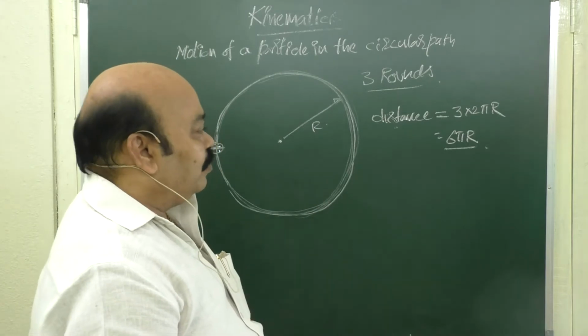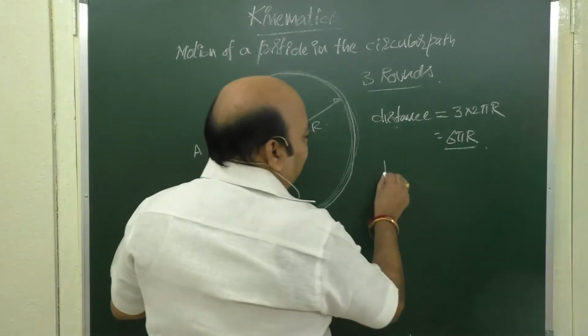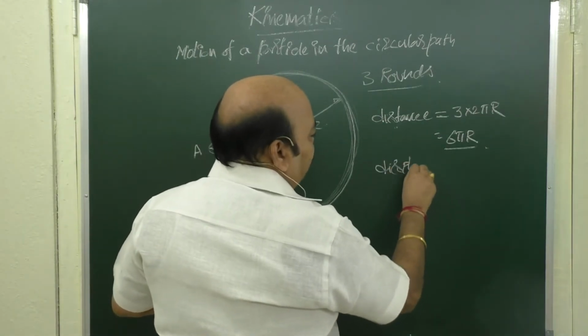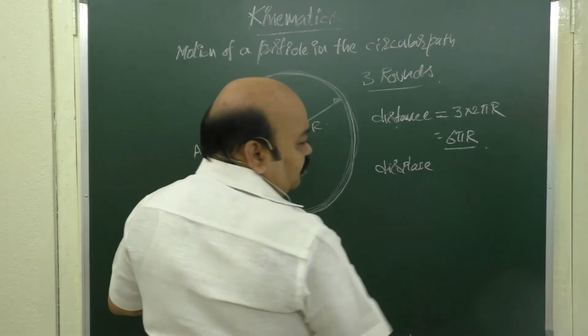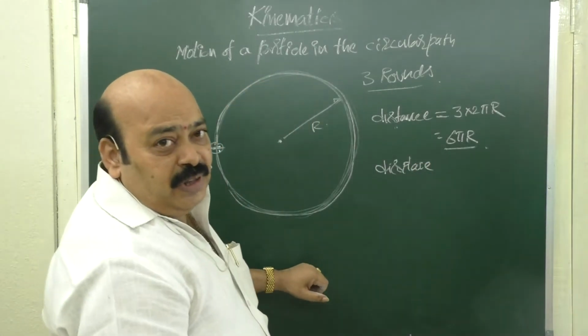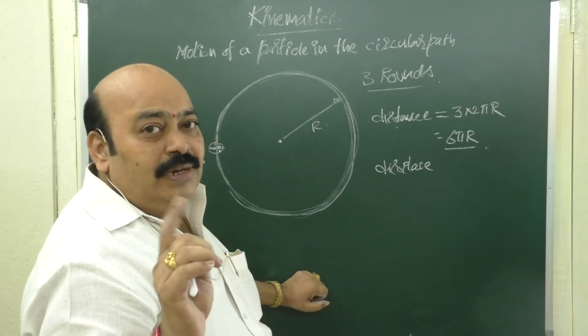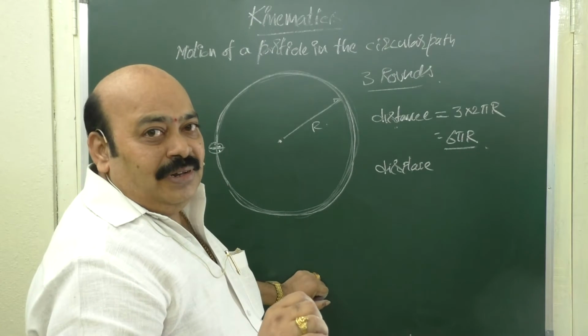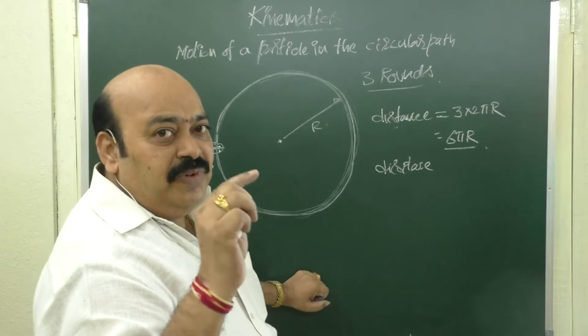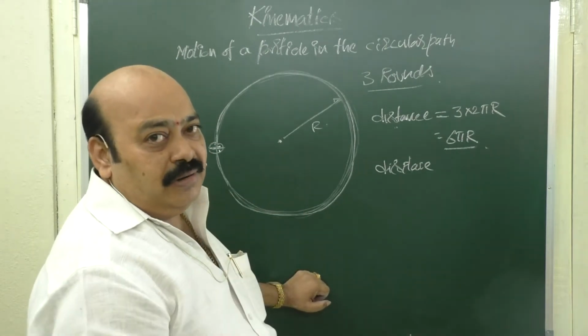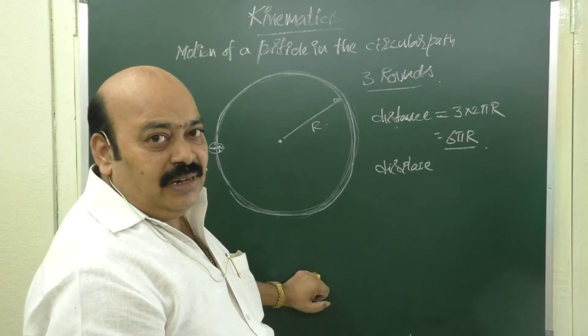Let's come to the problem. What is the displacement now? See here, no chance of forgetting this. If you are thorough with the first item of this class, what is the displacement? The shortest distance between the initial and final position. No chance of forgetting.